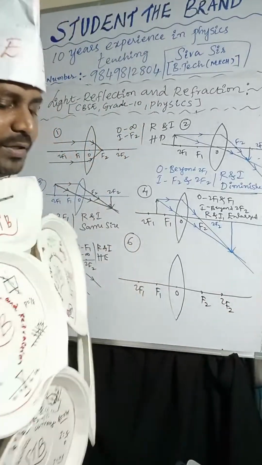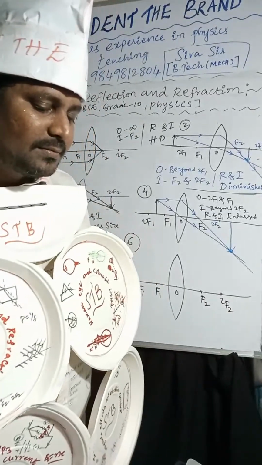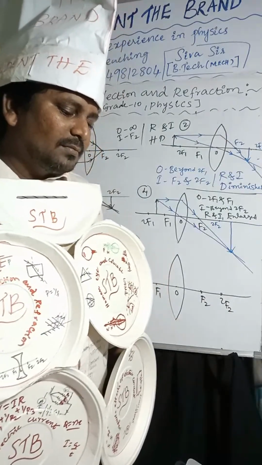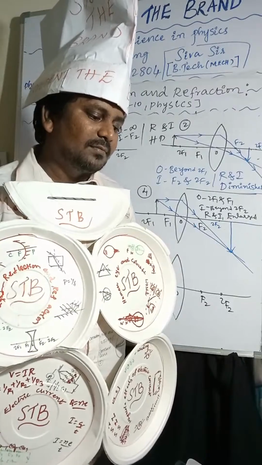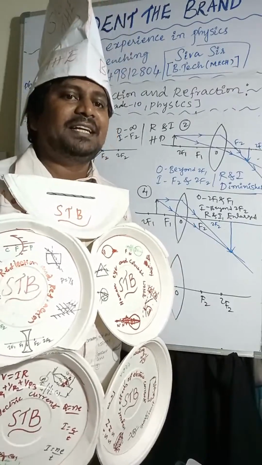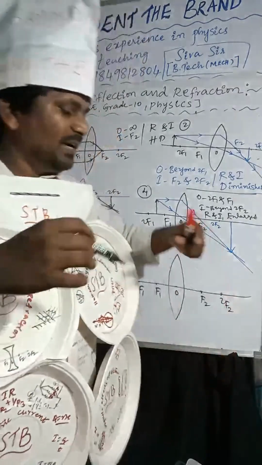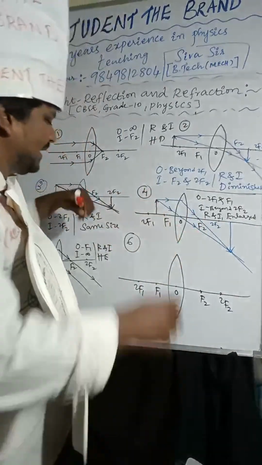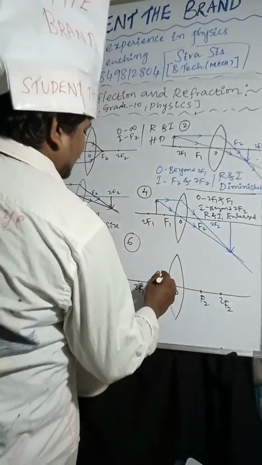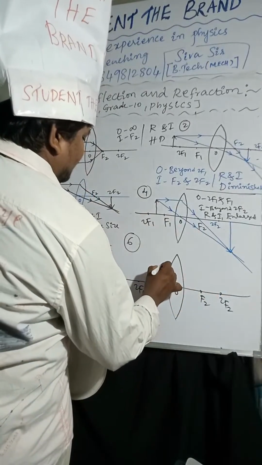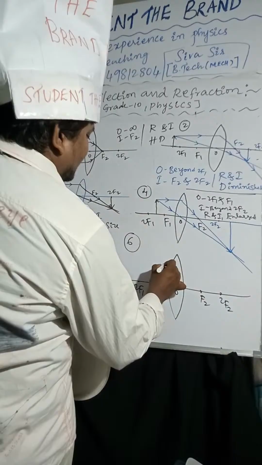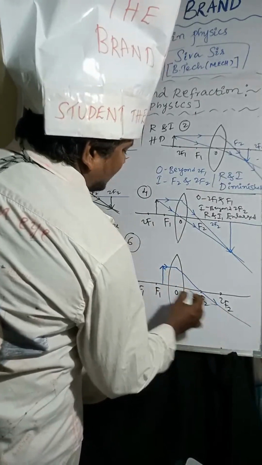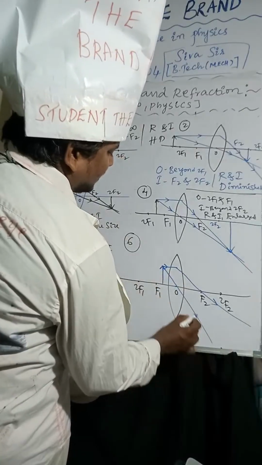If the object is placed between F and O, see here. The last case is very important. The object is placed between F and O. One light ray I am taking like this, it passes through the focus. Another light ray I am taking, it passes through the optic center.